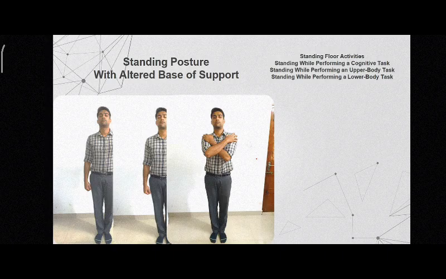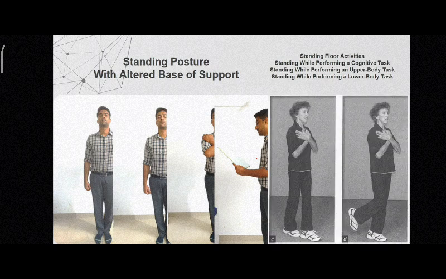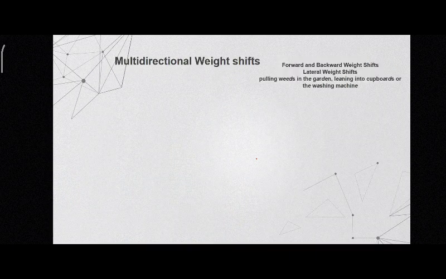Then you ask the patient to do something with the upper body, like you ask them to fold their hands to their trunk, and then you ask them to read while walking, and they can do multiple varieties of exercise also, like they are holding their hands and they are walking in a tandem fashion, or they are just walking while looking at a different object.